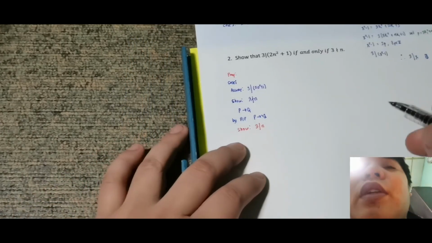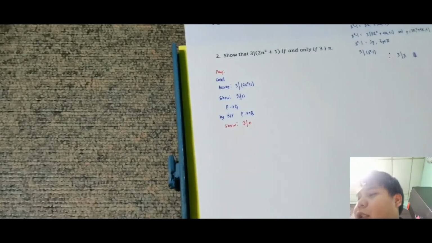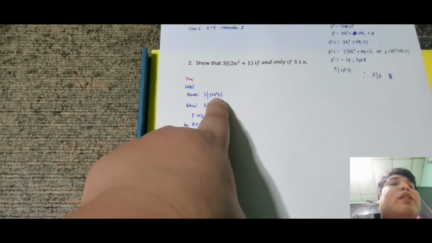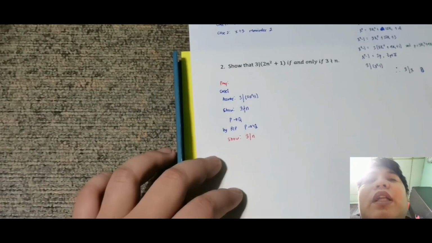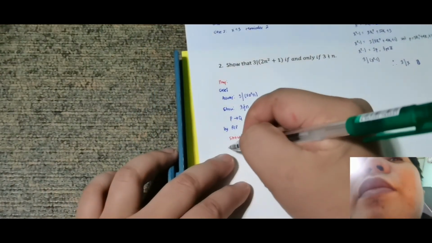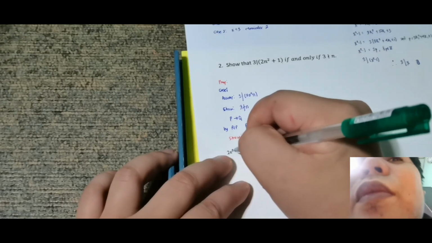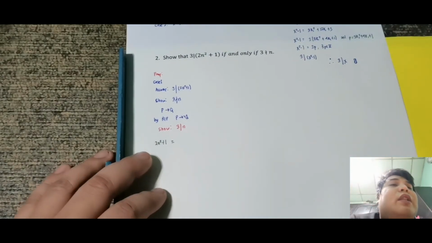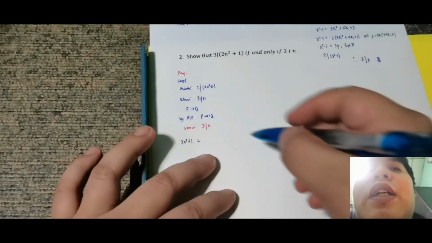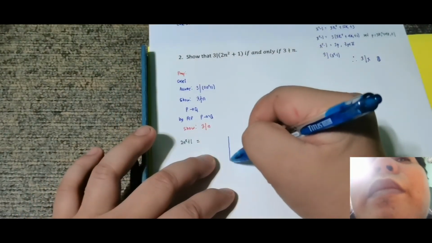Diba ganito? Yung 3 divides 2n squared plus 1, para mapakita natin na 3 divides 2n squared plus 1, dapat makita tayo somewhere that divisible yan by 3. Ganun mangyari.